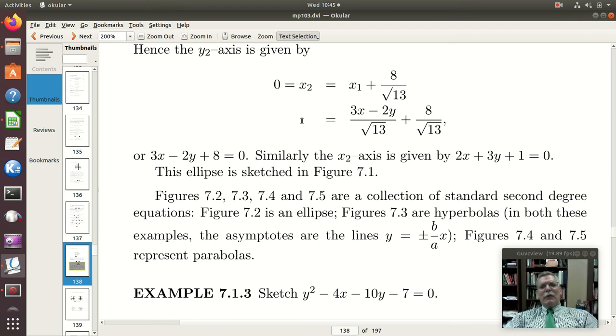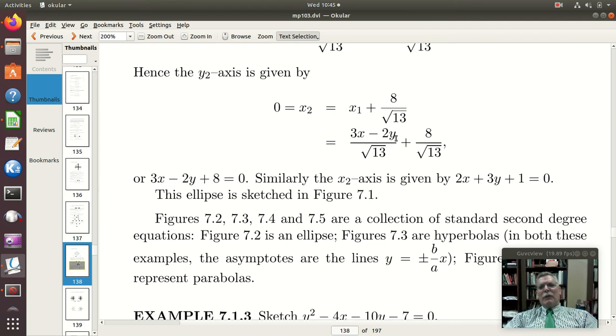And what they're trying to come up with are the axes that are going through the function, or sorry, not a function, the ellipse that's rotated.